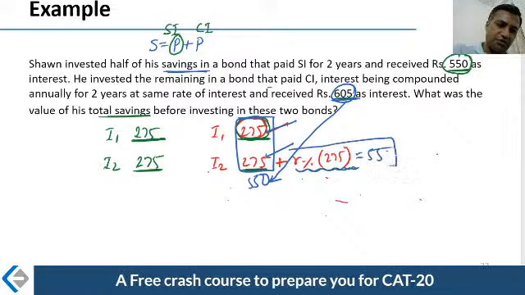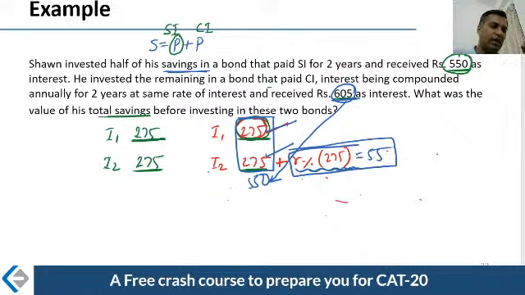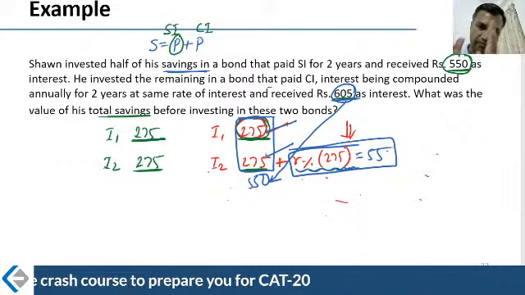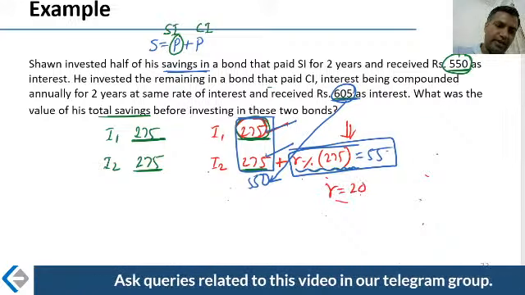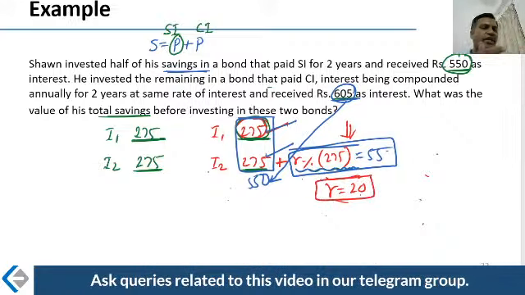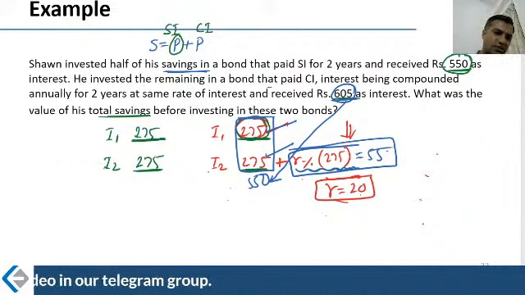That's what the author was trying to tell us using these numbers: R% of 275 is 55. And therefore, R is 20%. That's the rate of interest. We can calculate R by R over 100 times 275 equals 55. You get R equal to 20%. No rocket science.